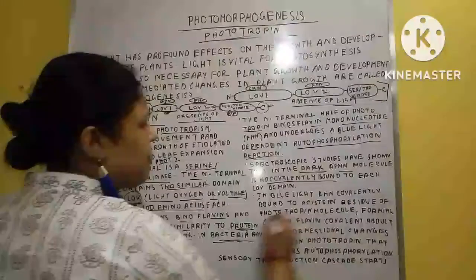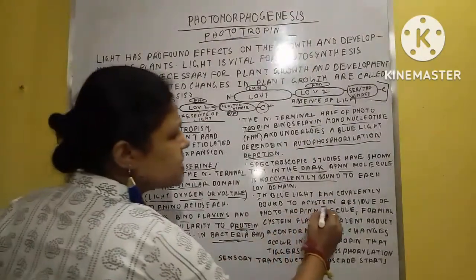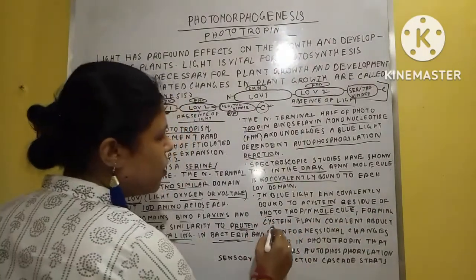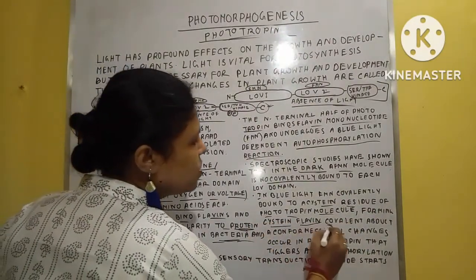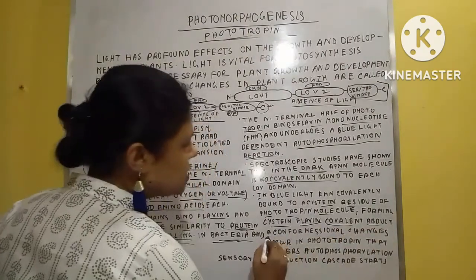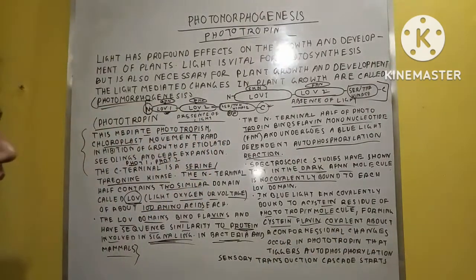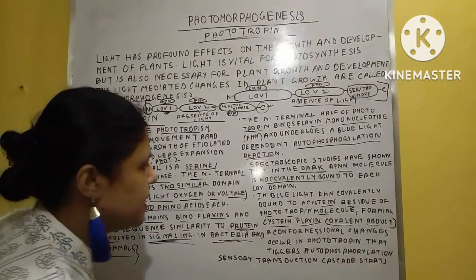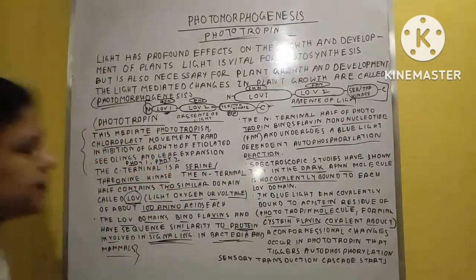So what happens after that? A cysteine residue of the phototropin molecule forms the cysteine-flavin covalent adduct. This is a complex, not a molecule.